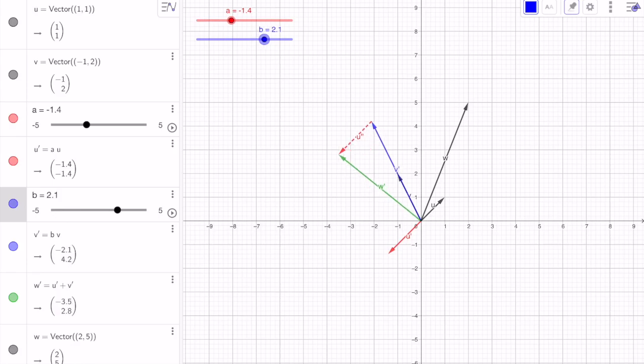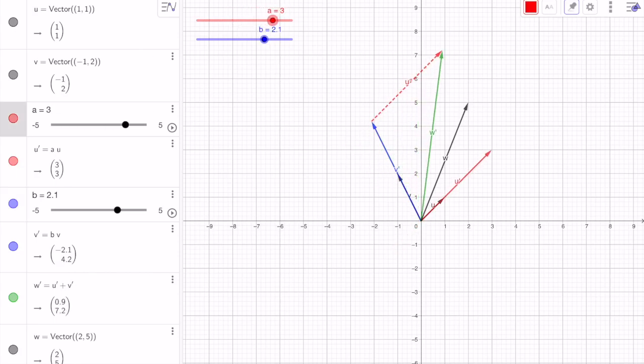So my original question was to find if there was a linear combination that will give me w, which means that I would like to see if I can adjust these knobs so that I can make the green vector coincide with the black vector. So it seems that if I just put this close enough, that would be a good approximation.